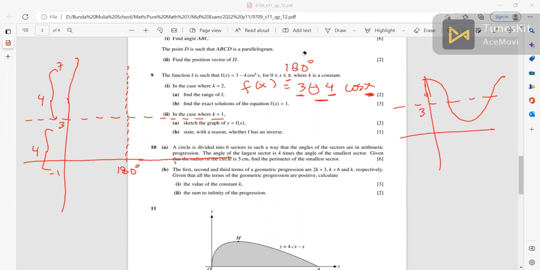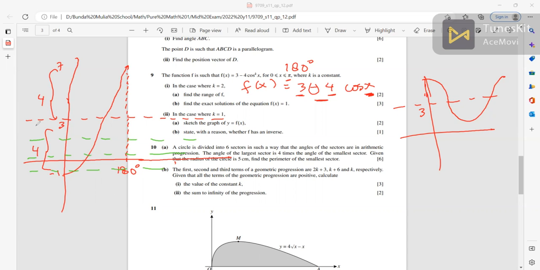For part B, state with a reason whether f has an inverse. Based on the graph, it is like this. How do we know it has an inverse or not? We see that there is no turning point here. Or we can use the other way: the horizontal line test.